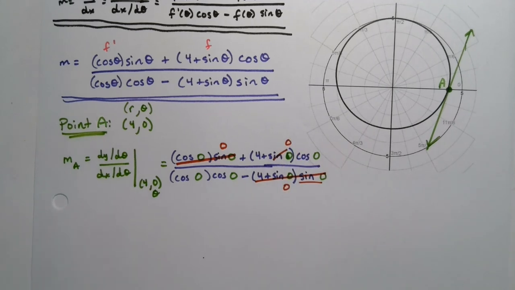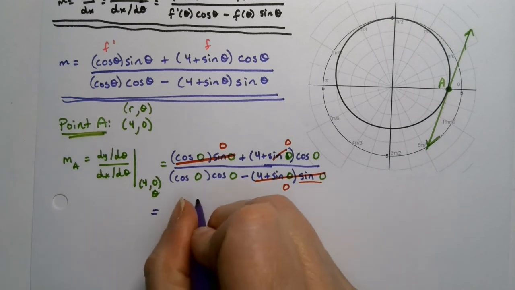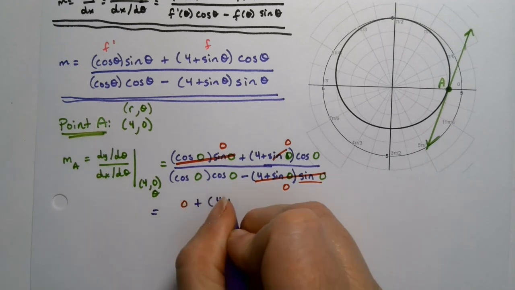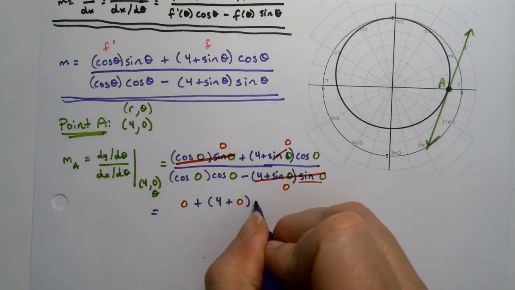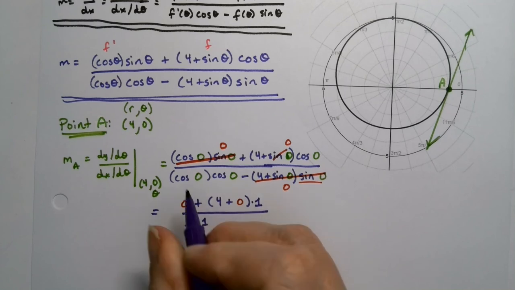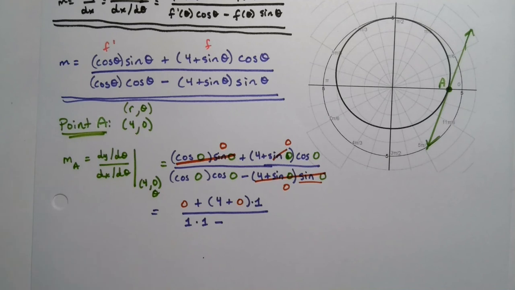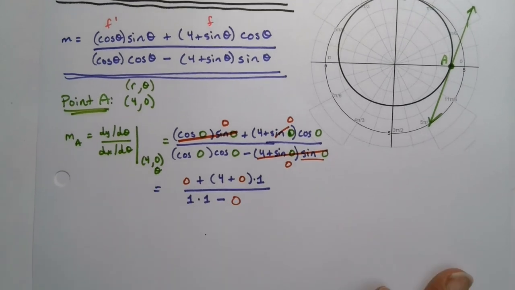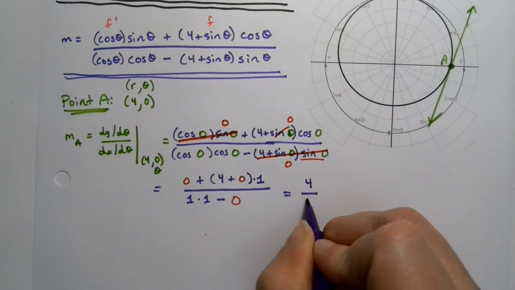So let's rewrite this. This is equal to 0 plus 4 plus 0 times cosine of 0, which is 1, over 1 times 1, cosine of 0 times cosine of 0, minus 0. Okay, so that is 4 divided by 1.